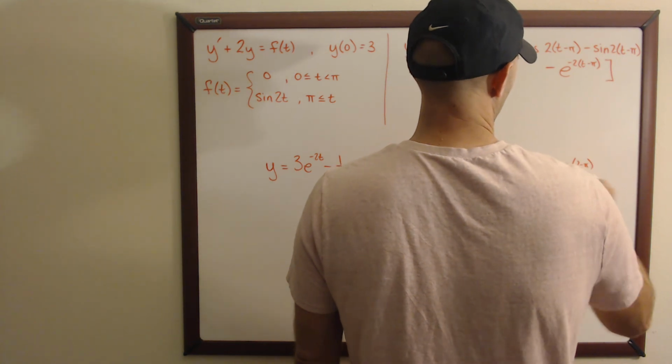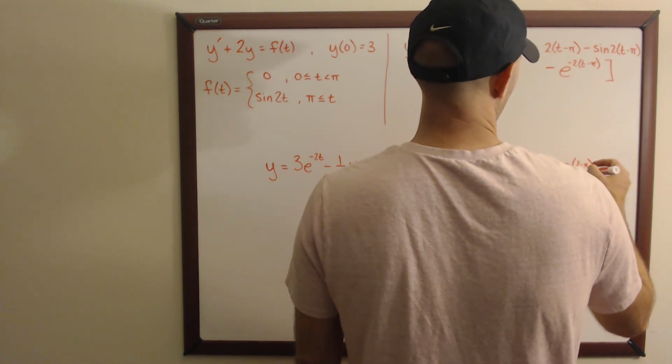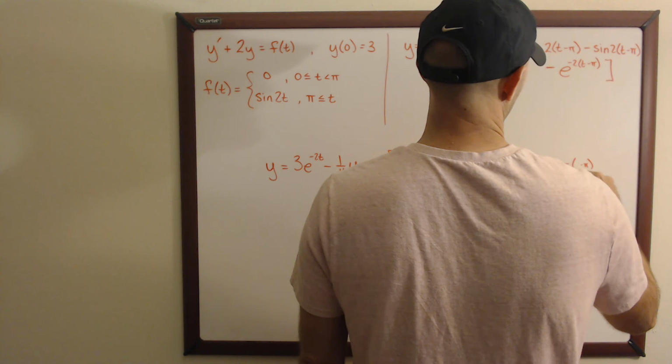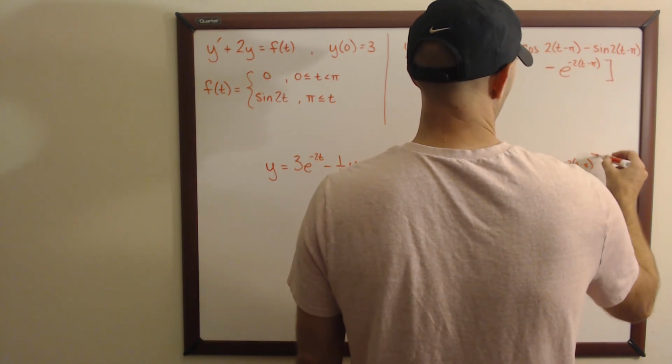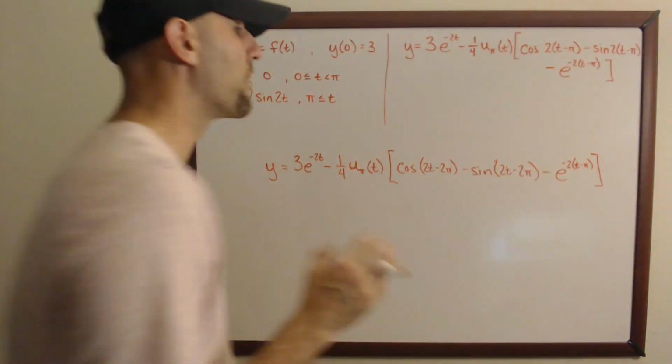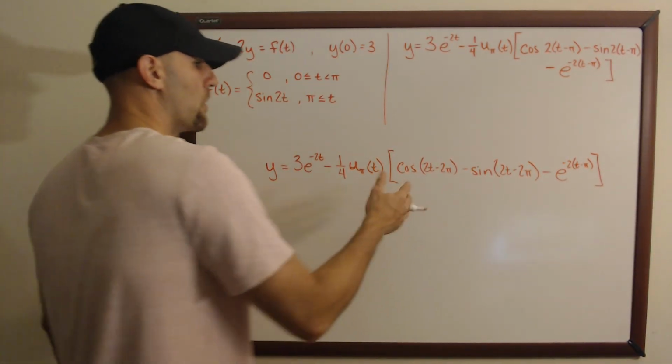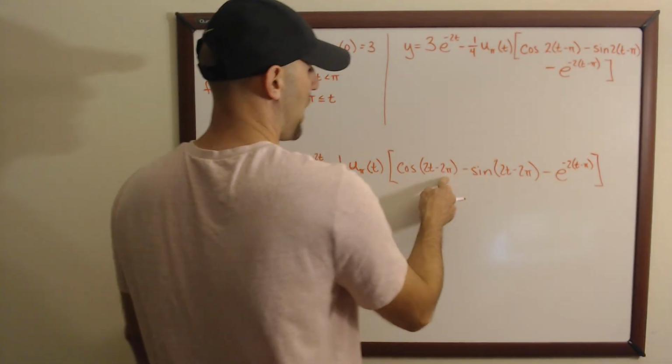There's nothing I can do about this exponential, that's just ugly. But I can write the trig parts correctly. The period for cosine and sine is 2 pi, so cosine of 2t minus 2 pi is just cosine of 2t.